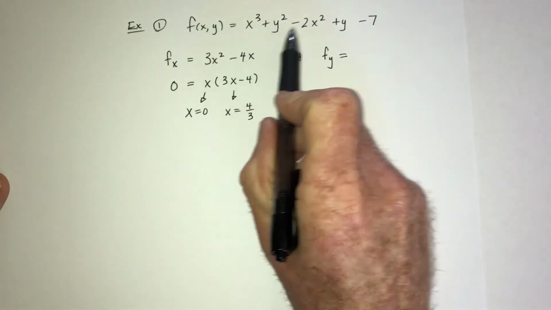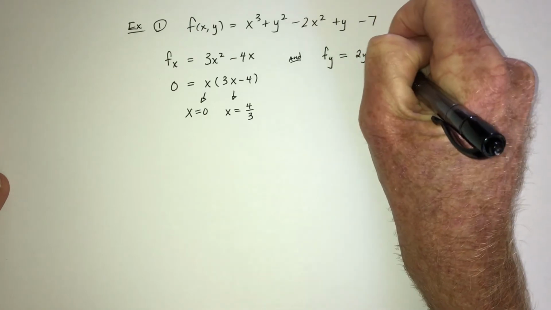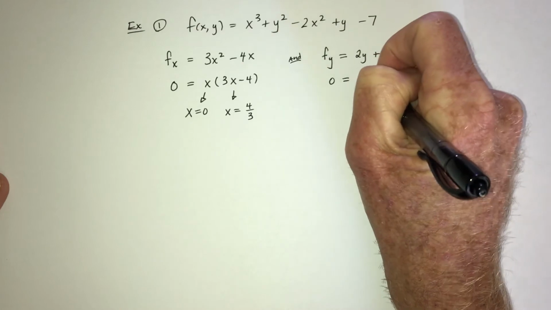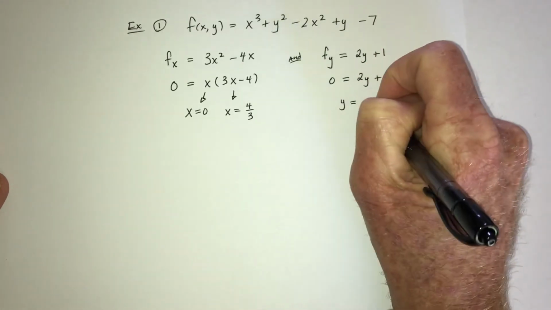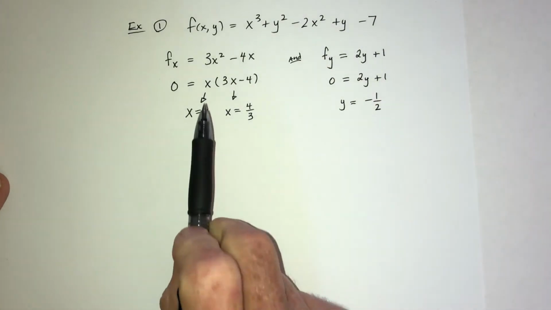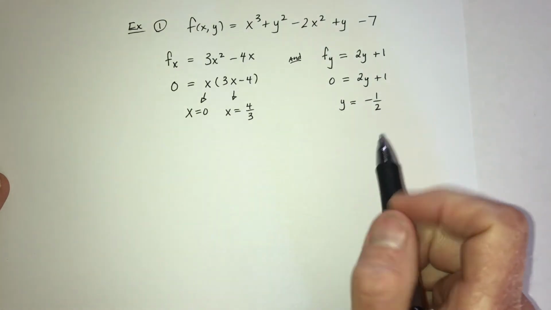So this will be 2y, and this will be 1. And then when you set that equal to 0, it's going to be y equals negative 1/2. So it has to be this and this. That means we actually get 2 points.